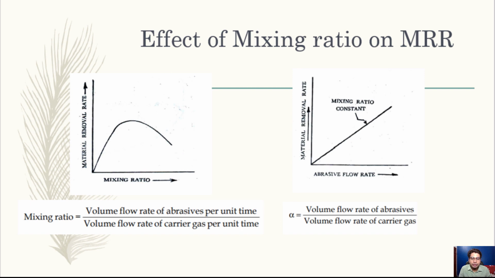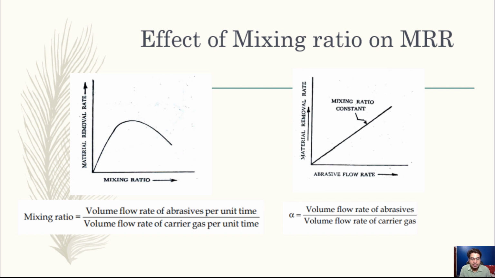The material removal rate can be improved by increasing the abrasive flow rate while keeping the mixing ratio constant. The mixing ratio is unchanged only by simultaneous increase of both gas and abrasive flow rate. The optimum value of mixing ratio that gives maximum MRR is predicted by a trial and error method.